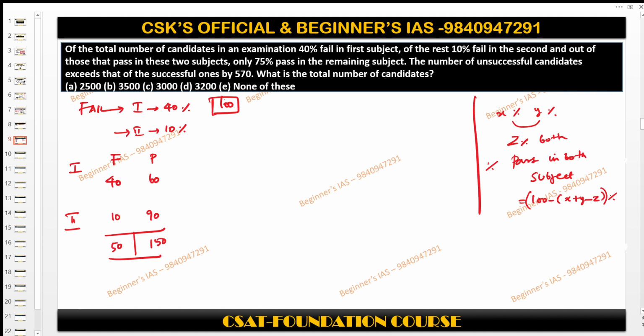How 54, Rahul? Sir, I took 10% of 60. Then it becomes 46 plus 54 fail, 46 pass total. Yes, correct. Okay, now listen.